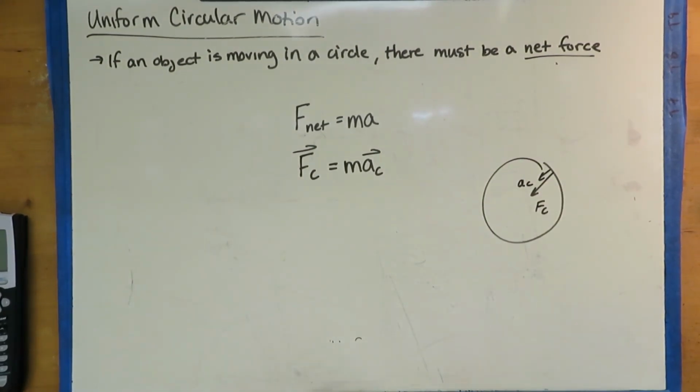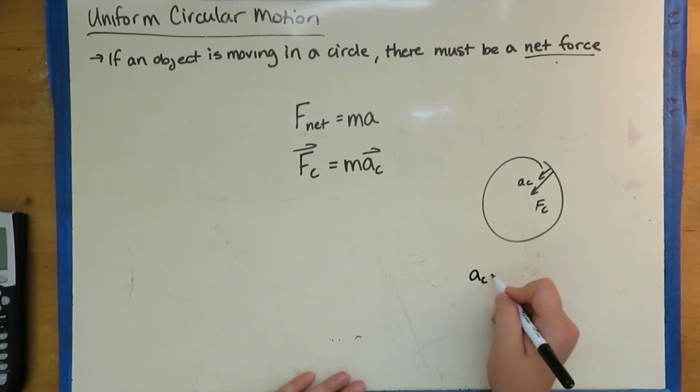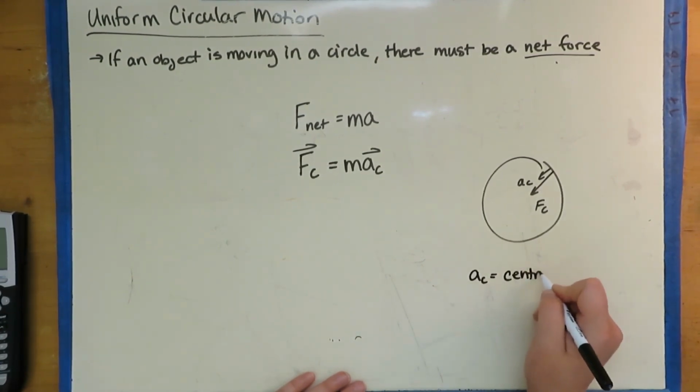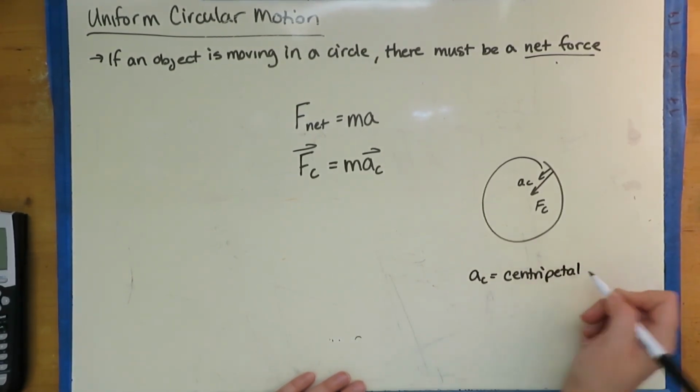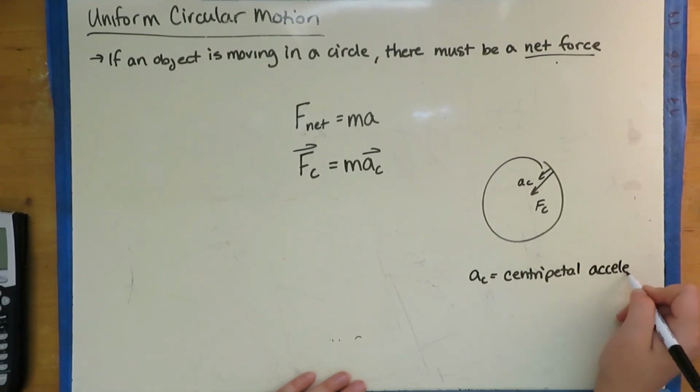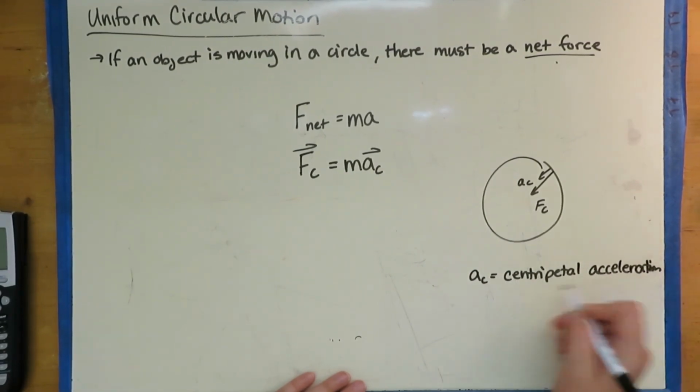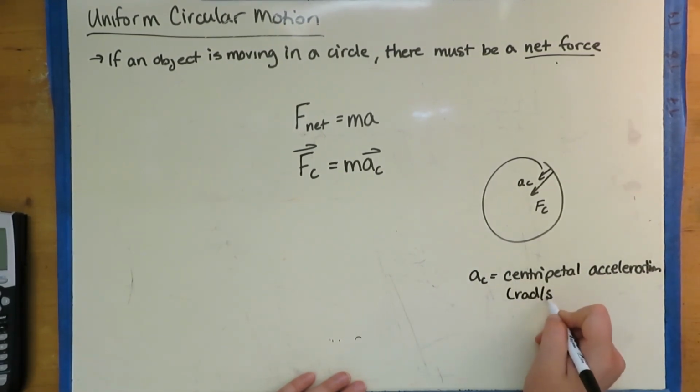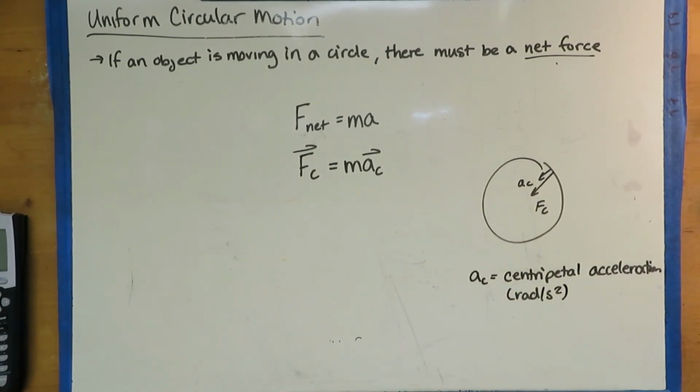So the AC is a new variable. It is now our centripetal acceleration. It is a linear acceleration. So it has units of radians per second squared. And it is the linear acceleration directed in the direction of it's center seeking, so it will be directed towards the center.